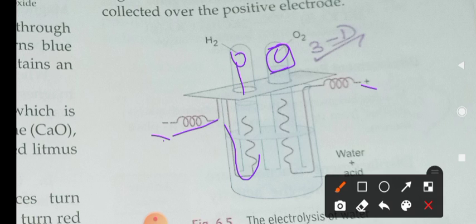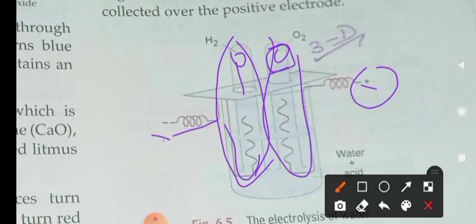For that, near the mouth of the test tube at the negative electrode, you have to show a lighted matchstick, so that it burns with a pop sound, and we can confirm that it is hydrogen gas. Then for the test tube at the positive electrode, you have to bring a glowing matchstick near the mouth of the test tube and remove the cork.